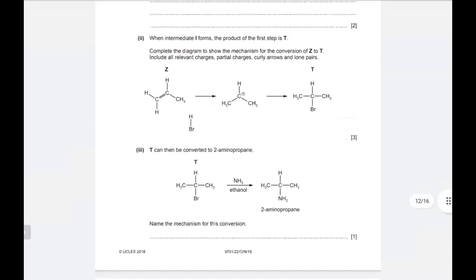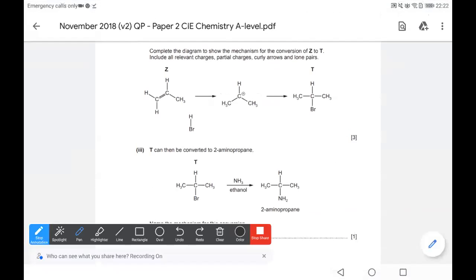When intermediate 1 forms, the product of the first step is T. Complete the diagram, show the mechanism for the conversion of Z to T. Include all relevant details. Z to T, so HBr attacks.